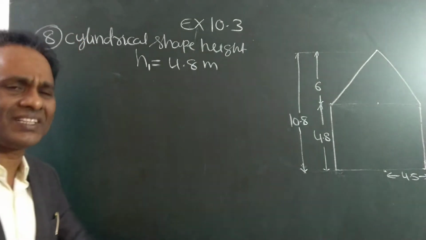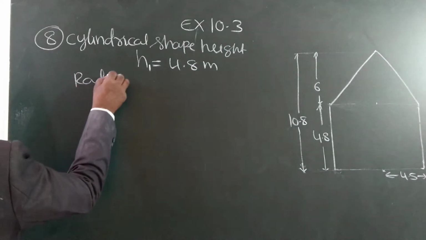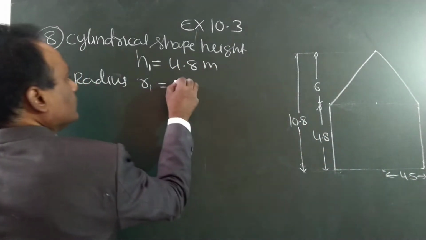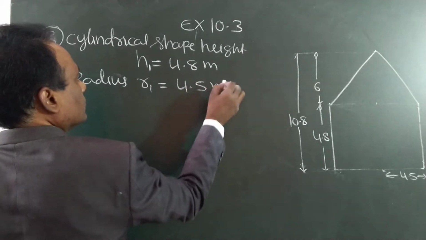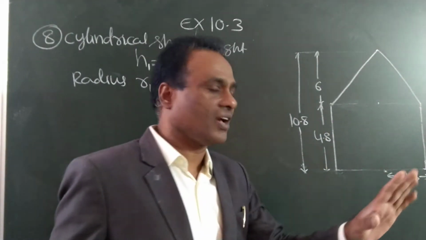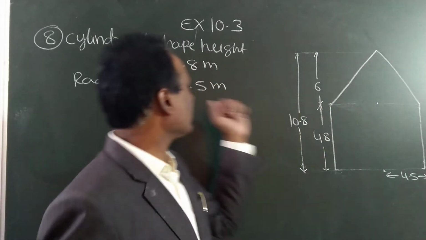Let us take it as h1 equals 4.8. Radius: what is the cylindrical shape radius? 4.5. Cylindrical shape dimensions are written here: height 4.8, radius 4.5.